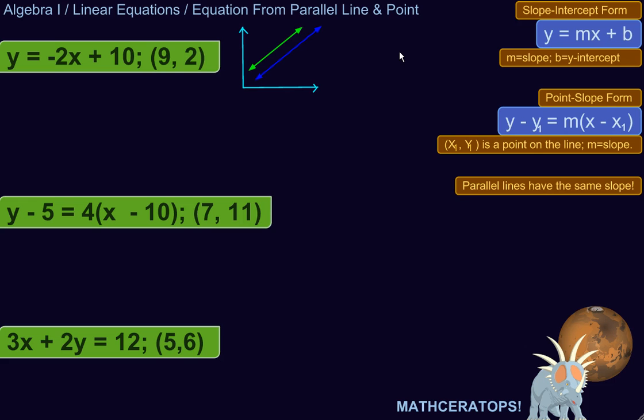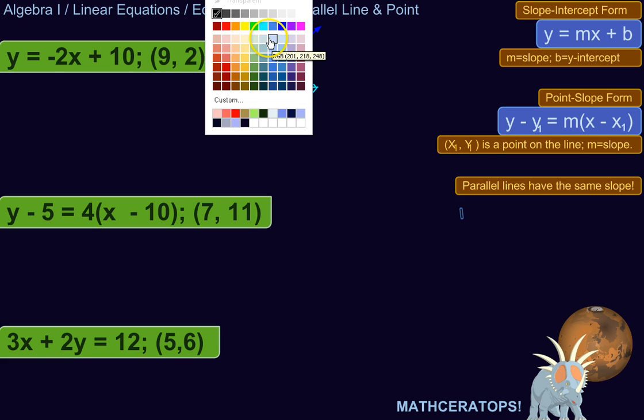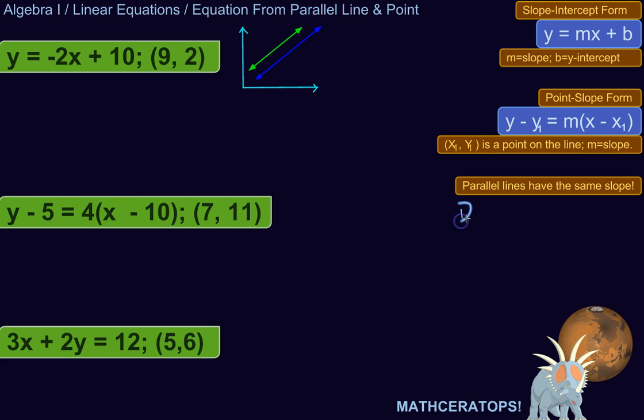So the first thing that needs to happen is to identify the slope of the line to which your line should be parallel. So, ID slope.